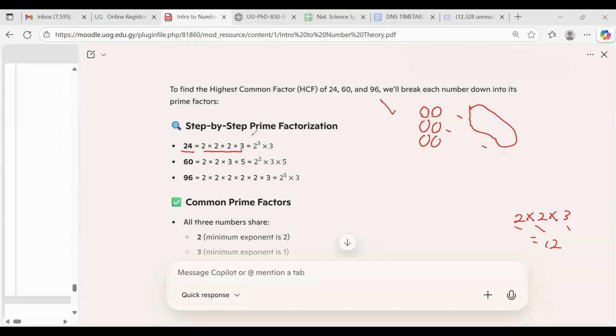First, you got to ask, what am I talking about, prime factorization? You got to figure that out. If you don't know, you got to ask, what do you mean by that, sir? You write all the prime factors the number has, and when you multiply them, you get 24. So 2 by 2 by 2 by 3 will give you 24.